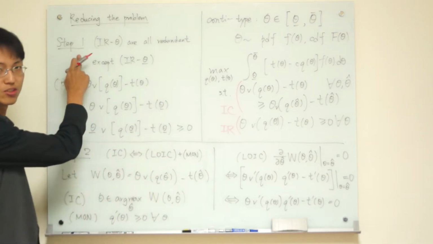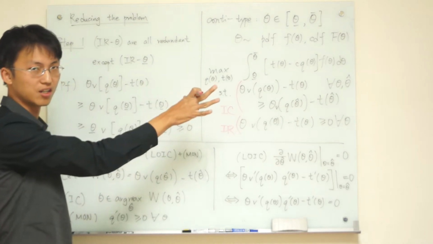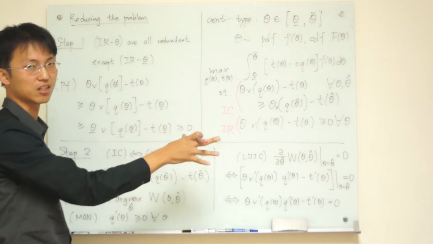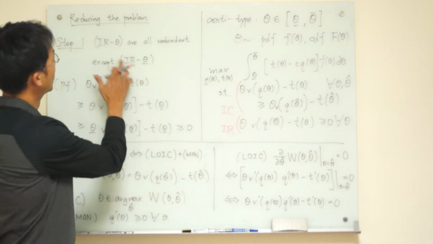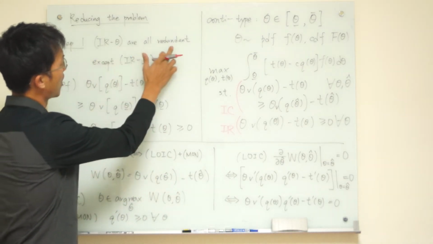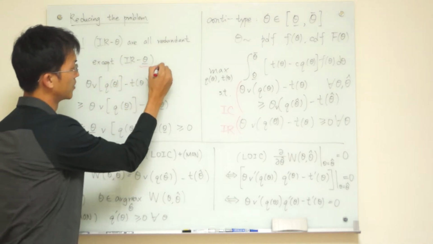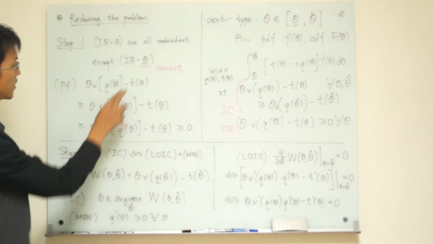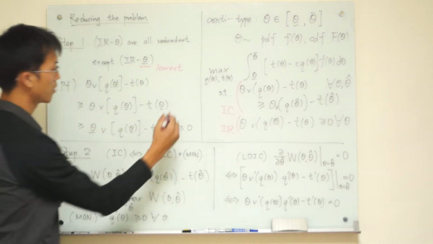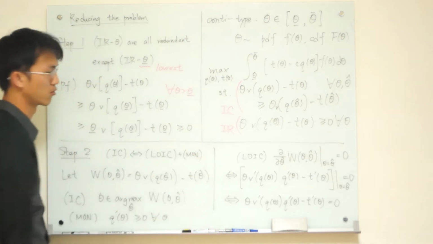As usual, step 1 is to remove some IR constraints, in particular those IR constraints that are not for the lowest type. All those IR constraints are redundant except the one for the lowest type. Let's see why this is true. Suppose I have a theta that is greater than theta lower bar.